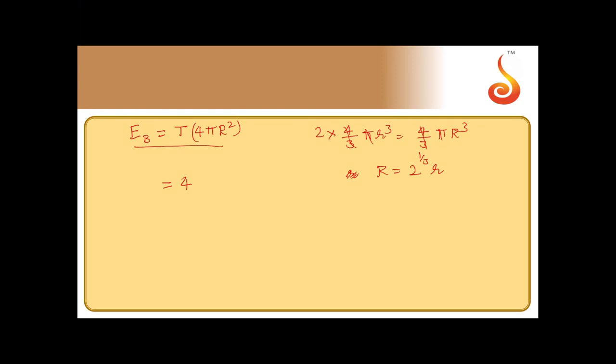4 into π into R², where R is 2^(1/3) r, squared, into T. So that will be 4π into 2^(2/3) into r² into T. Now this 4 can be written as 2².